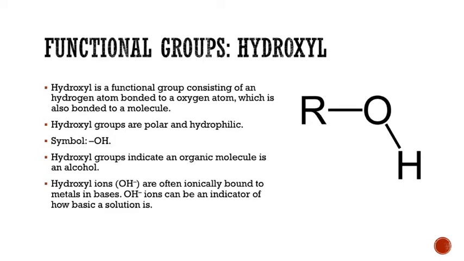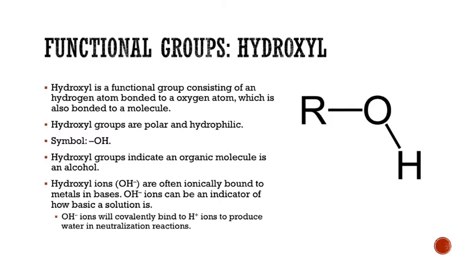And then hydroxyl ions: if it was not bound to an organic molecule, there would just be an extra negative charge here. So they can be bound to many metals and bases. Hydroxyl ions can be a good indicator of how basic a solution is.